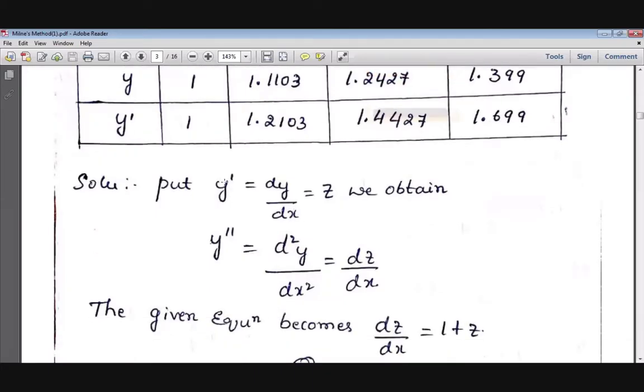Differentiation of y dash with respect to x is y double dash, differentiation of dy by dx with respect to x is d square y by dx square, and differentiation of z is dz by dx.